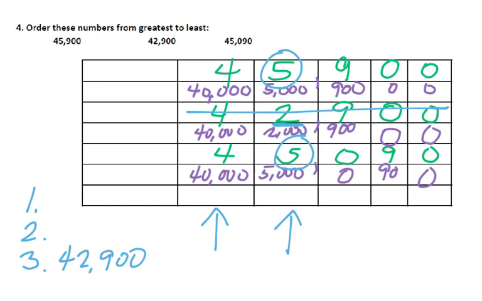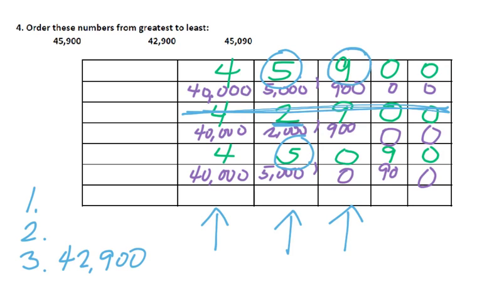I have a 5 and a 5 in my thousands place. So I'm now going to go to the next smallest place value, which is the hundreds place. And look, I have a 9 up top and a 0. I don't care about this one that I just crossed out because that's already the smallest number. Now I'm looking at this 9 in the top number.